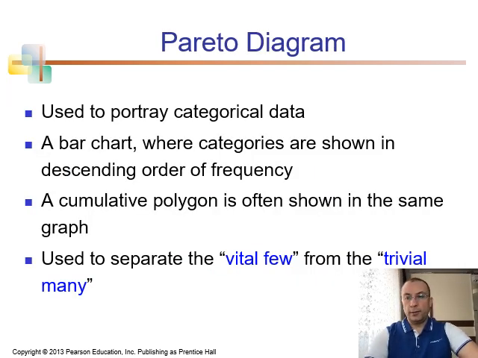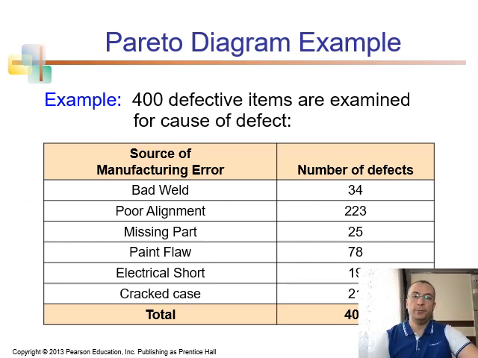So the Pareto chart is the last type of categorical visualization. A Pareto chart is actually 2 charts in one chart. We have a bar chart where we show categories. We also have a cumulative polygon that shows the same in the Pareto diagram. So let's see an example.